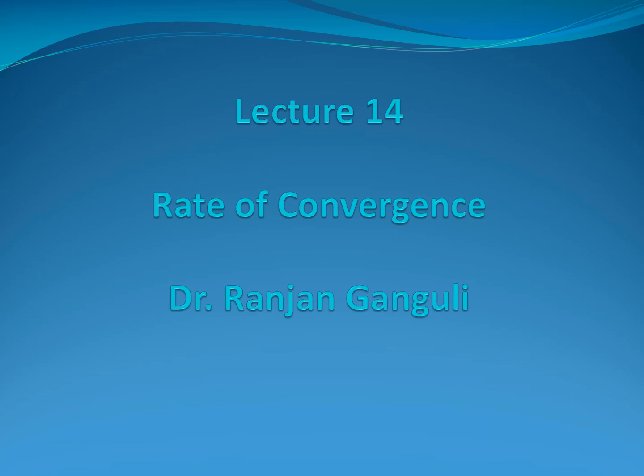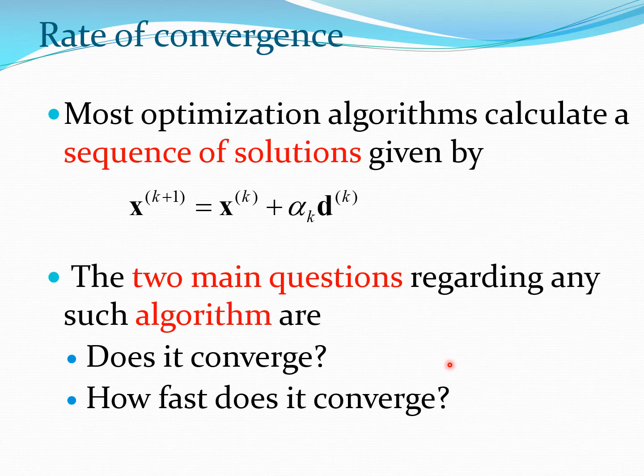So today we are going to start lecture 14, and here we are going to talk about the concept of the rate of convergence for different algorithms. Now we have already seen that typically optimization algorithms create a sequence of solutions.